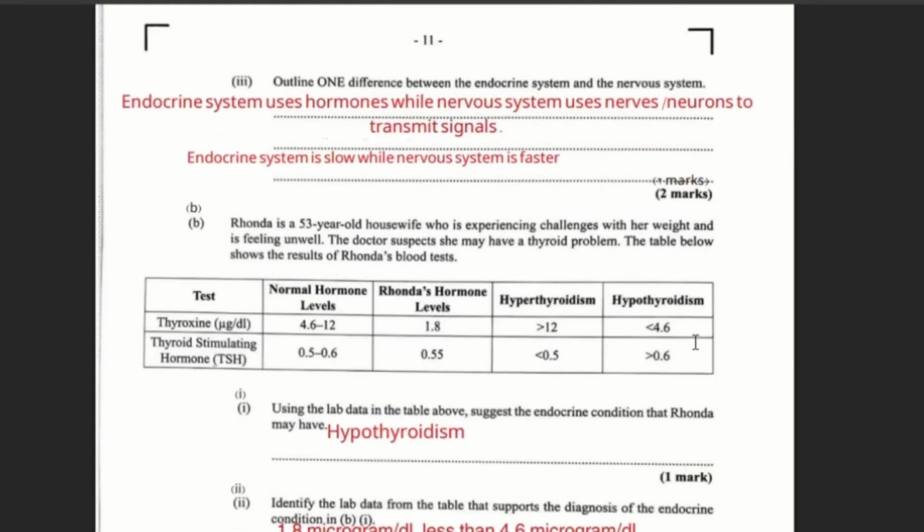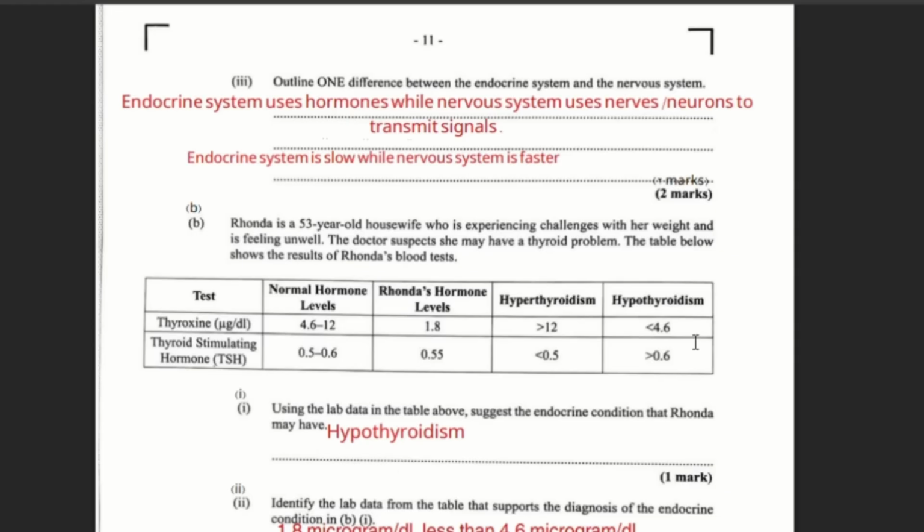Then it says outline one difference between the endocrine system and the nervous system. The endocrine system and the nervous system work very closely with each other. But the biggest difference is that the endocrine system utilizes hormones, while the nervous system uses nerve cells, or neurons, to transmit signals.